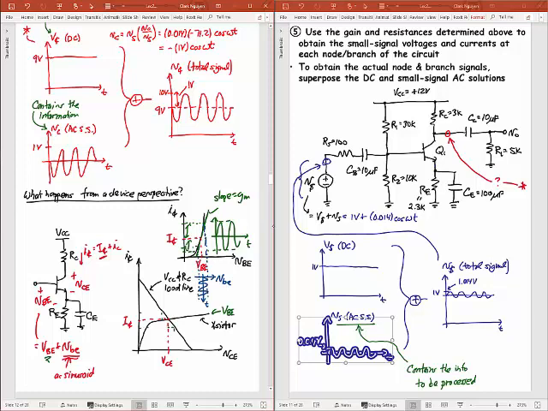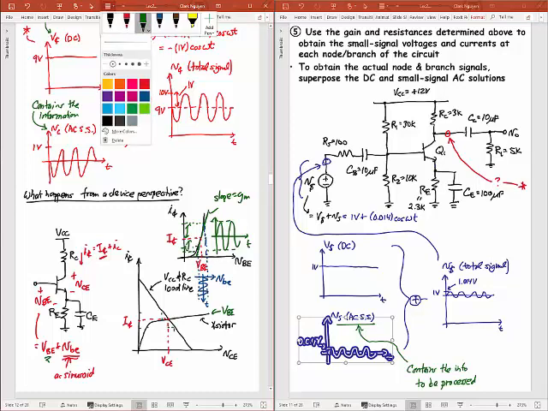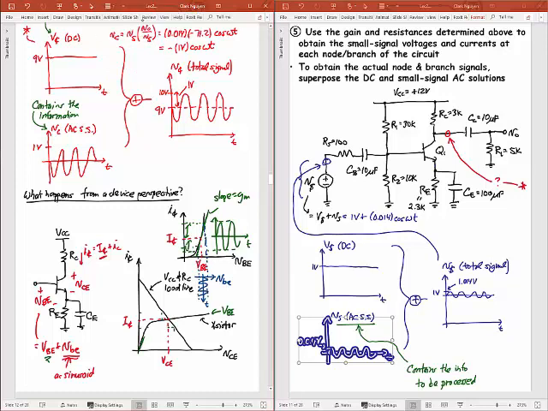Because what I have to do is put in the VBE curves that correspond to this excursion in VBE. So if this excursion in VBE is going from this VBE to a plus little VBE to a minus little VBE here, then the curves that I'm really working with are these. I'm still green here. So I'm going to come up here, and I'm going to have another curve like that.